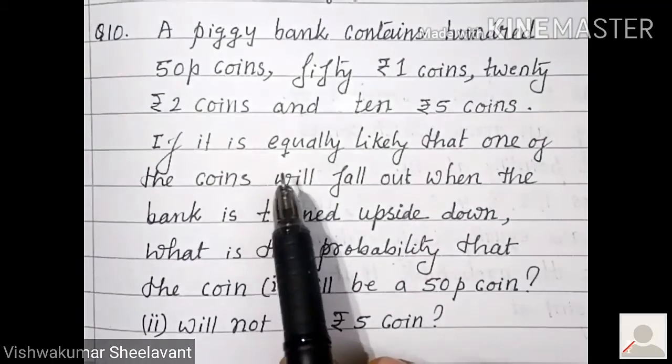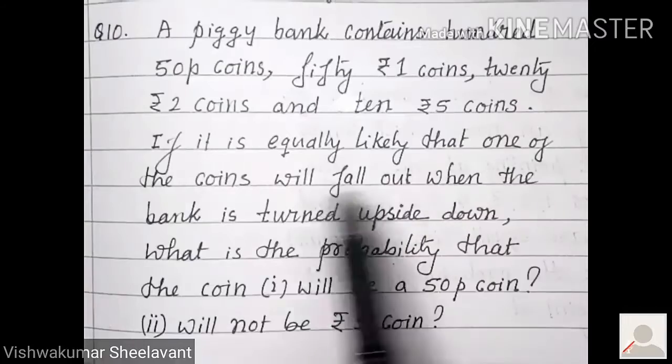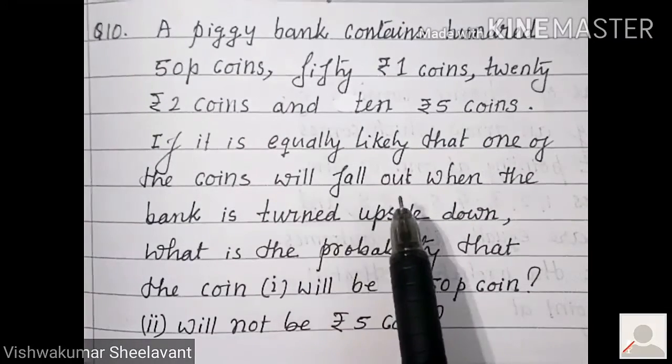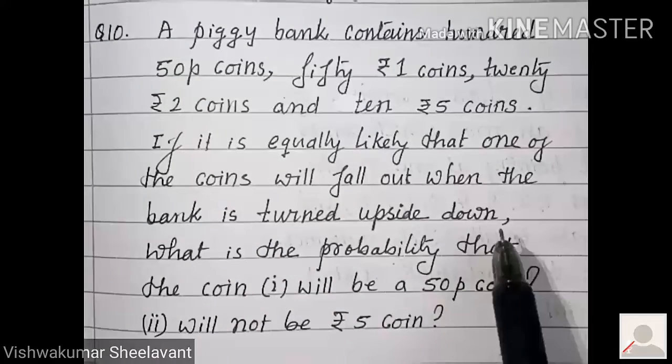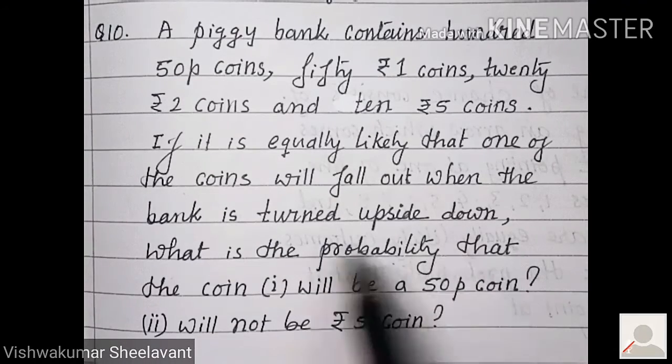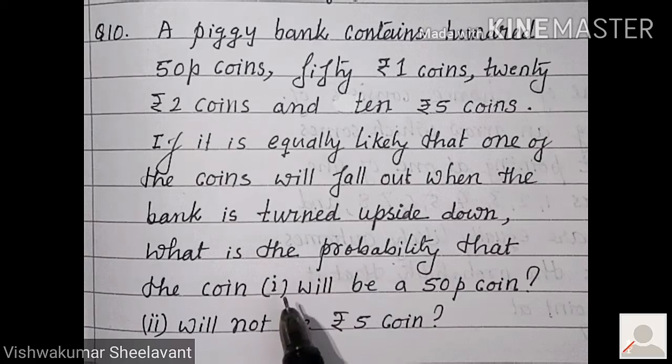If it is equally likely that one of the coins will fall out when the bank is turned upside down, what is the probability that the coin, first one will be a 50 paise coin, second one will not be rupees 5 coin?